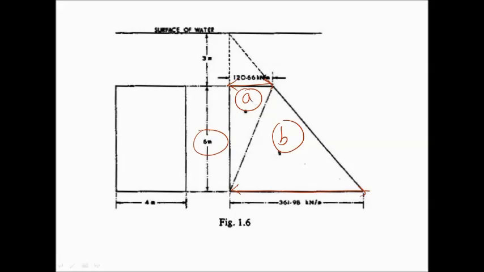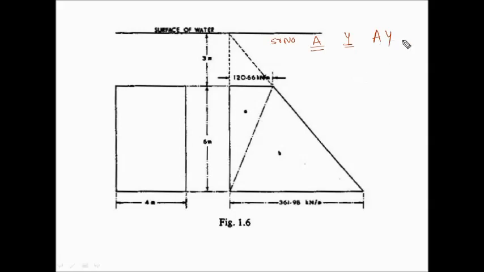For that purpose, I suggest you create a tabular column like this: serial number, area of each component, then y, the location of the centroid of each diagram from the reference axis, that we will discuss, and then Ay, the area multiplied by the location of the centroid of that individual component.